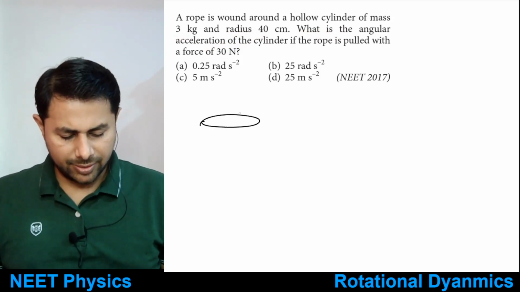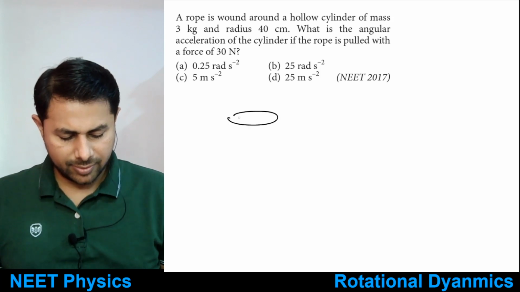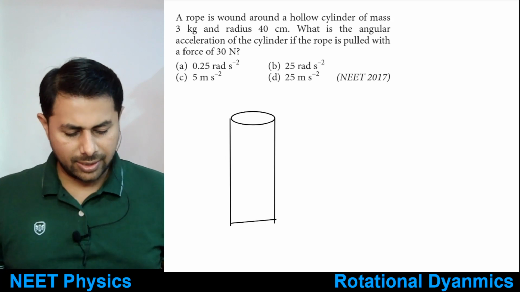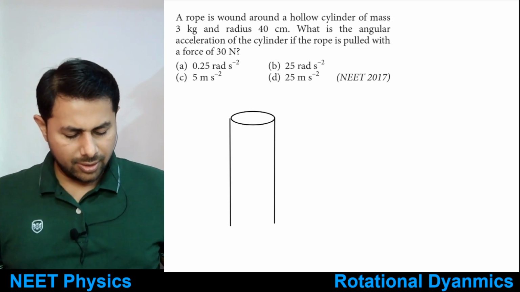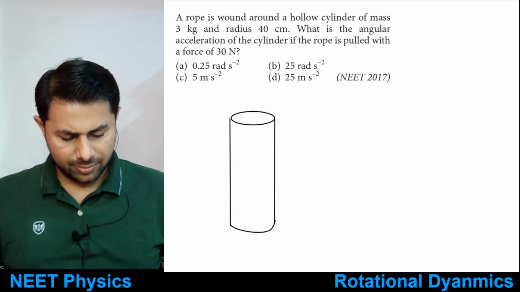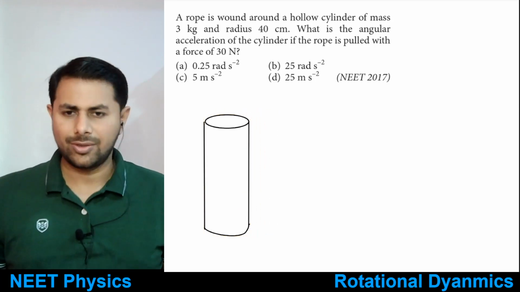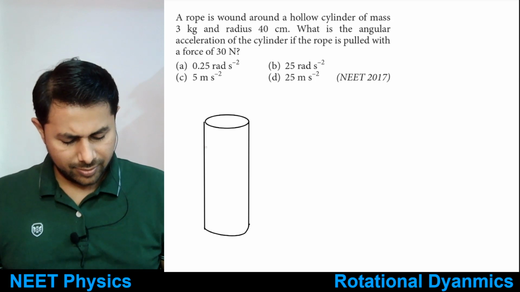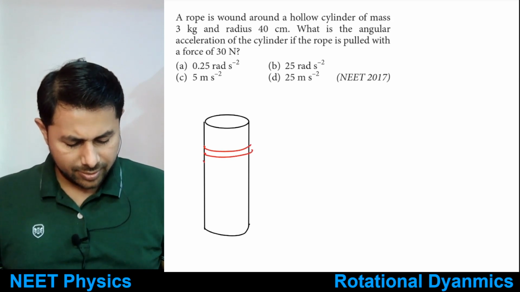There is a cylinder like this, and a rope is wound to that cylinder, let's say like this.